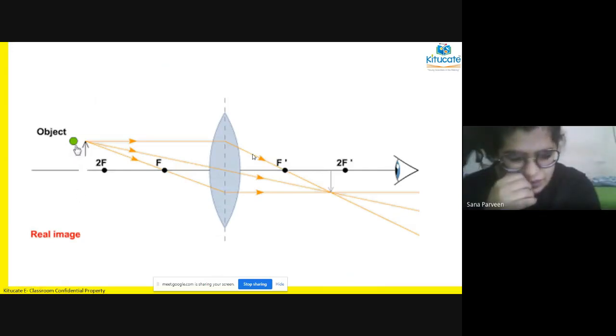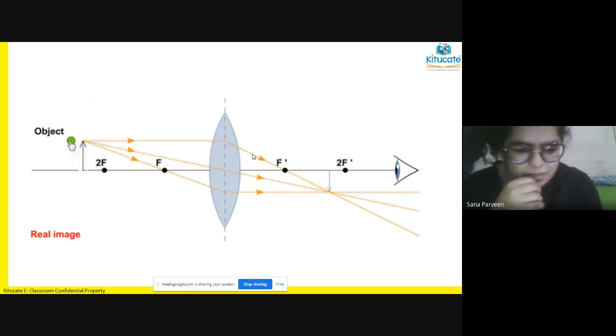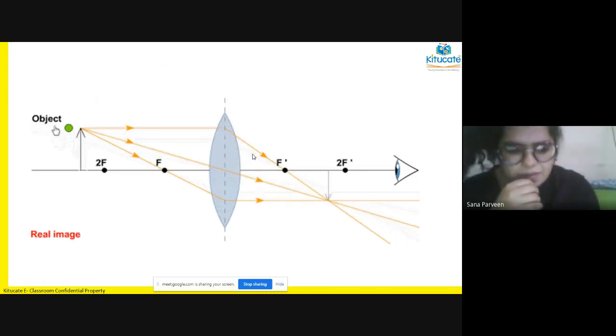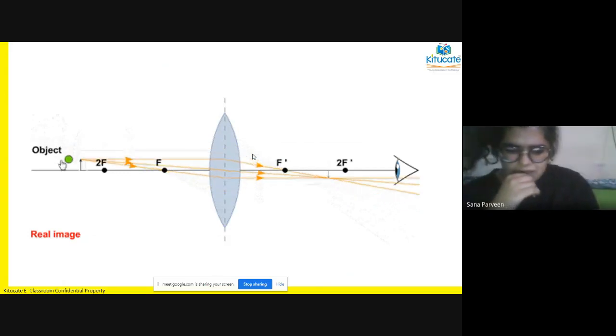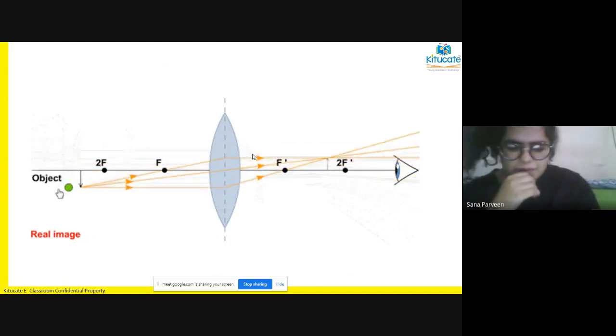Now we will try to see the real image. How is it getting produced? Just look at the screen and see what is happening.